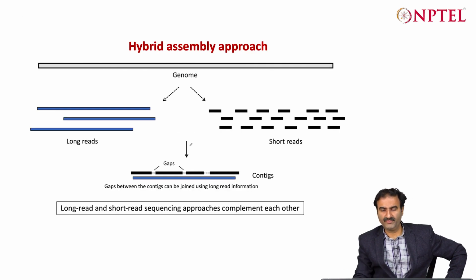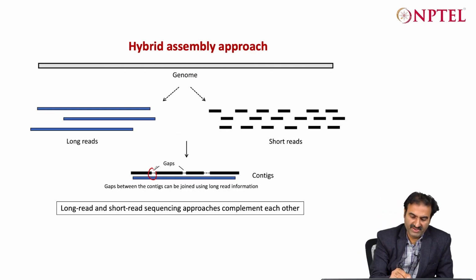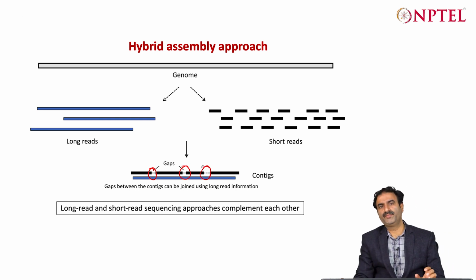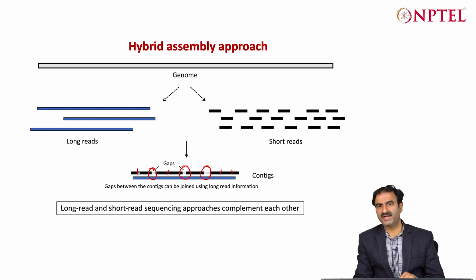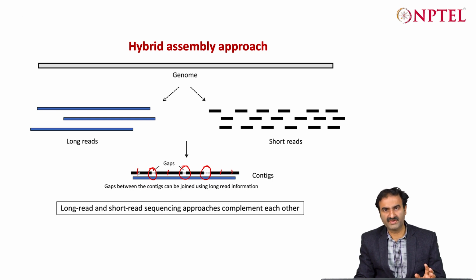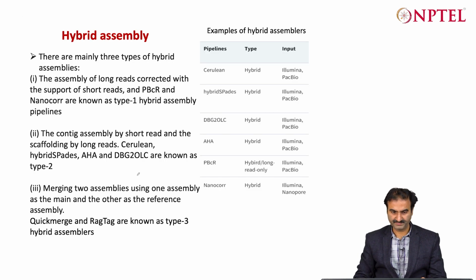So today we will be focusing on these parts: the gaps that remain and how to correct those gaps, and also there could be some errors in the assembly which were not taken care of by the previous assembly methods, and how we can correct those errors.